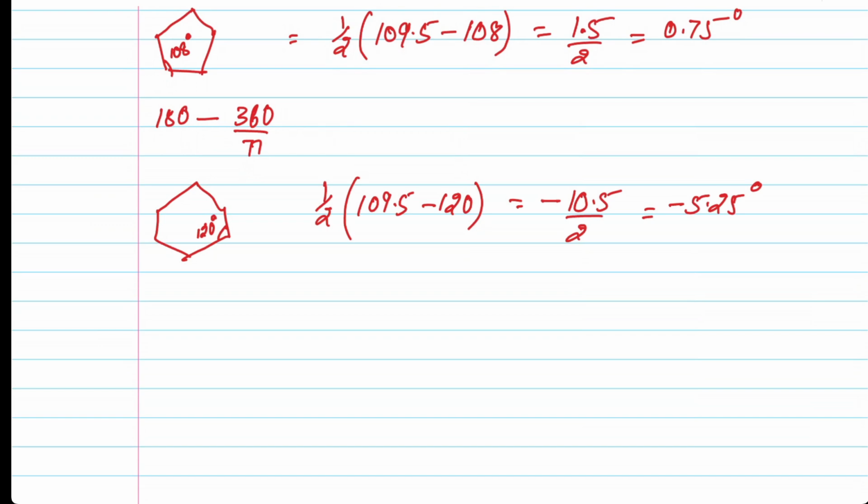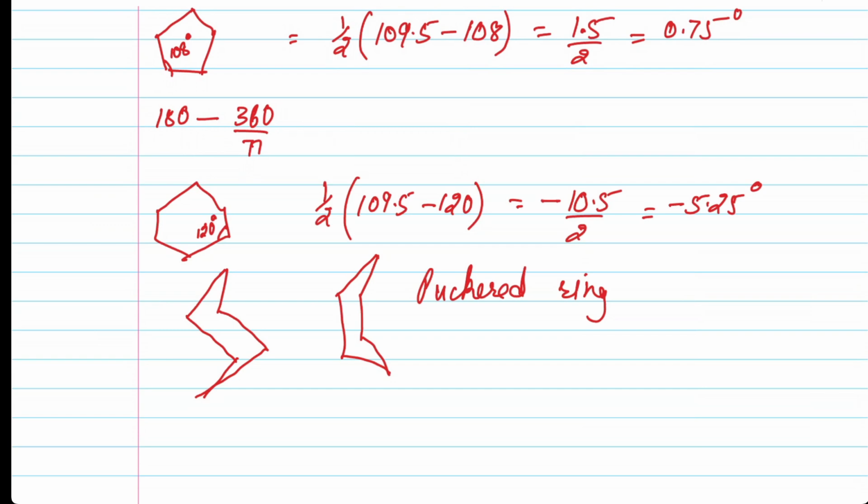Rather than being planar, it becomes a twisted ring structure, which is termed a puckered ring structure. By deforming itself and making itself non-planar, it is able to eliminate the angle strain. And that's why we say that all rings having 6 carbons or more are actually strainless rings. They do not have any strain in them.